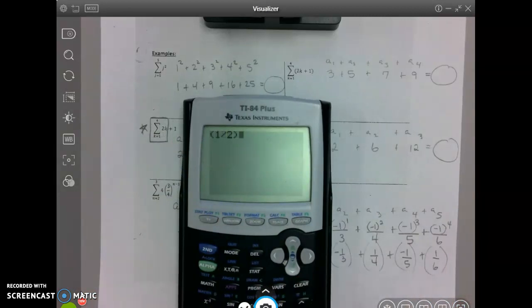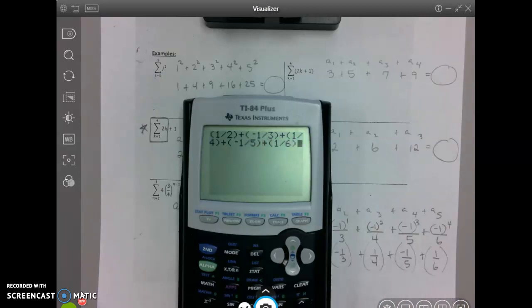1/2 plus negative 1/3 plus 1/4 plus negative 1/5 plus 1/6.